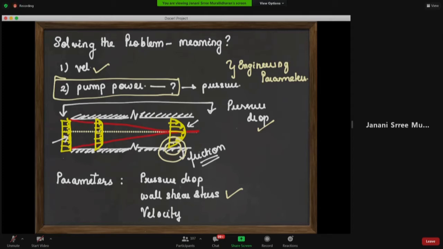Okay. So based on the critical requirements as an engineer to ensure a particular velocity flow and to understand what kind of power is required, one needs to know what is the pressure drop happening in the pipe, what is the wall shear that's being experienced locally at the wall, and the velocity.